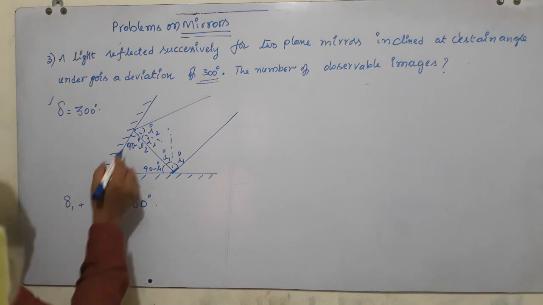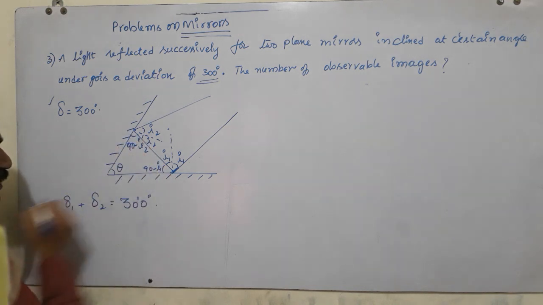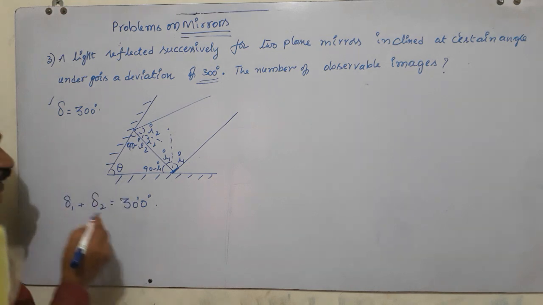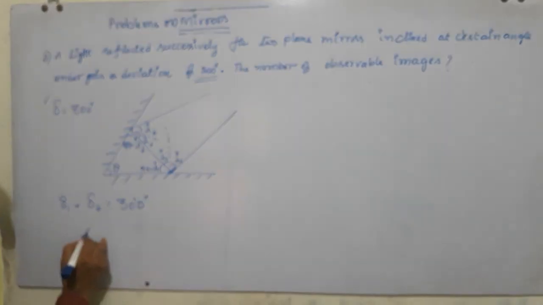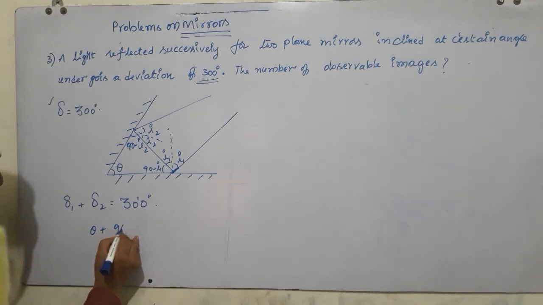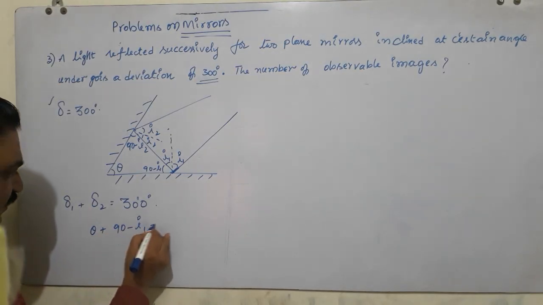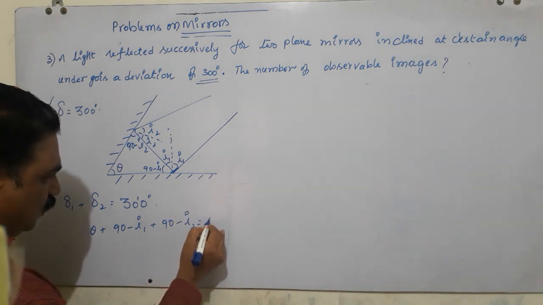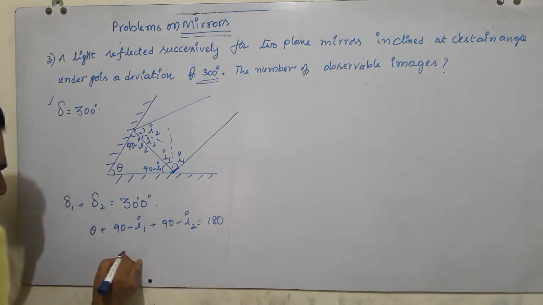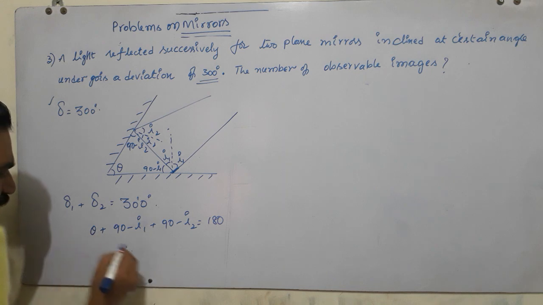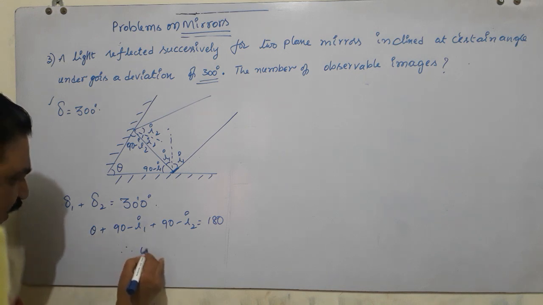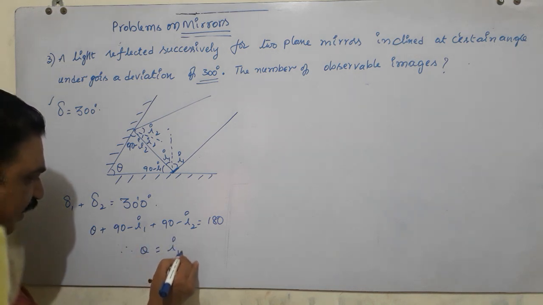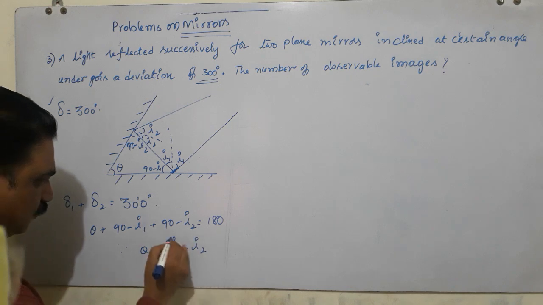You have to know that the sum of three angles in a triangle is equal to 180. That means theta plus 90 minus I1 plus 90 minus I2 is equal to 180. Therefore, directly you can write theta is equal to I1 plus I2.